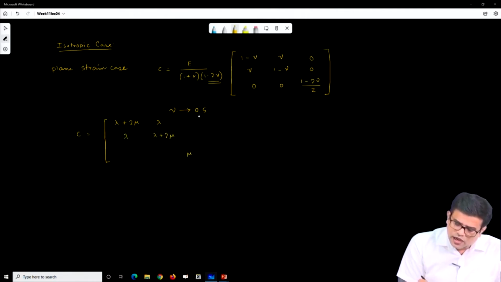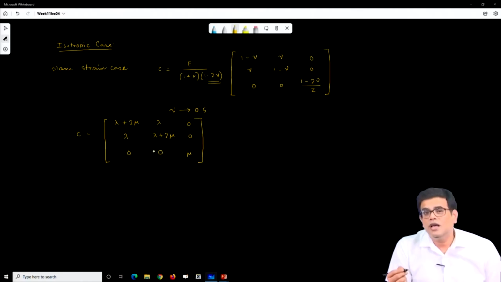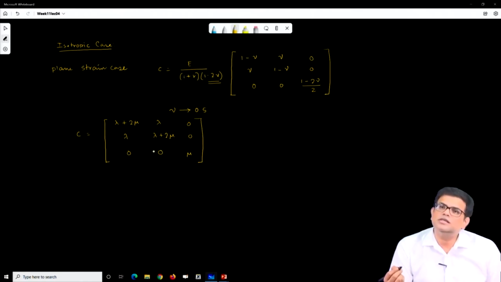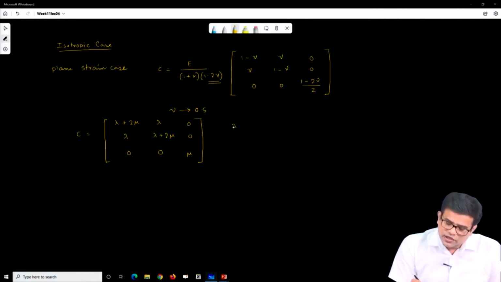Lambda is the first Lamé constant and mu is essentially the shear modulus, which is the second Lamé constant. If you compare these two, you can find that lambda is E mu divided by (1 plus mu) into (1 minus 2 mu).